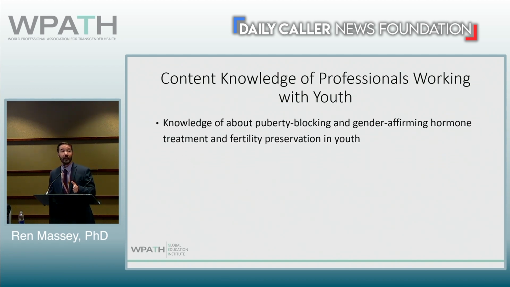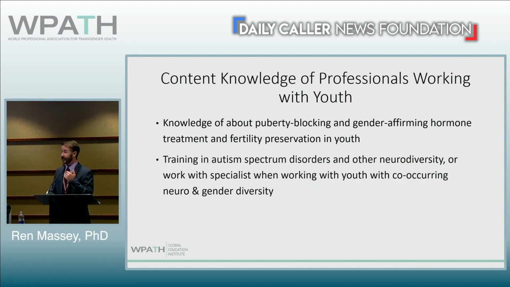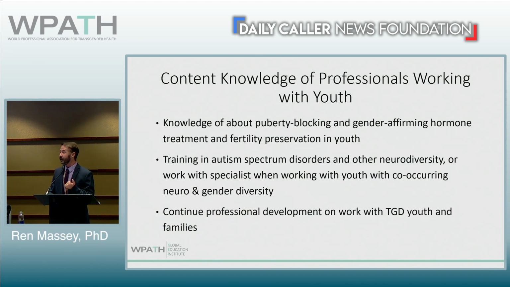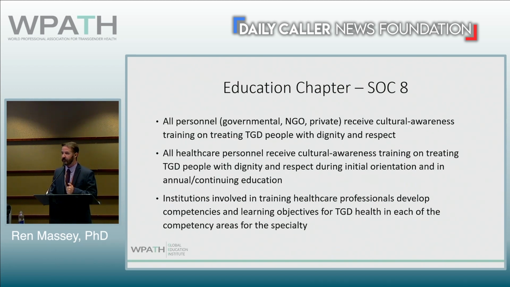So we want to have knowledge of puberty blocking information, and you're going to get some of that, as well as especially training in autism spectrum disorders and other neurodiversity because of the high co-occurrence. As well as we're going to continue our professional development because there's so much happening in the field now. So you want to keep coming to programs, WPATH or local or USPATH next year in Denver. EPATH is going to be in the spring in Ireland.